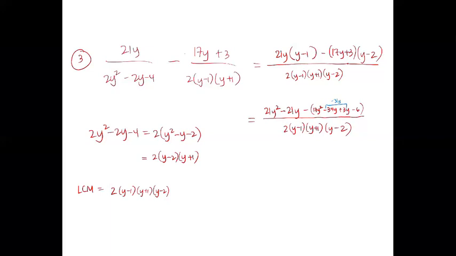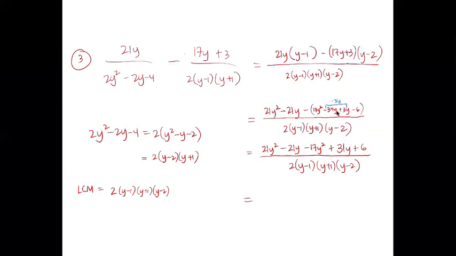If we continue with the simplification, you have 21y squared minus 21y minus 17y squared, and then plus 31y, then plus 6. For the denominator, you have 2 times y minus 1, y plus 1, y minus 2.